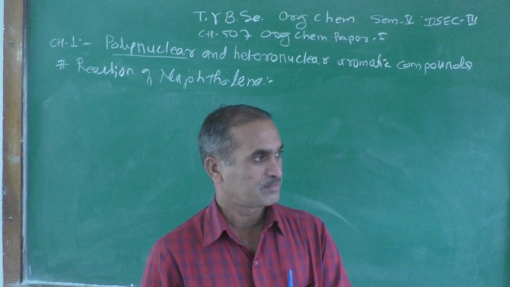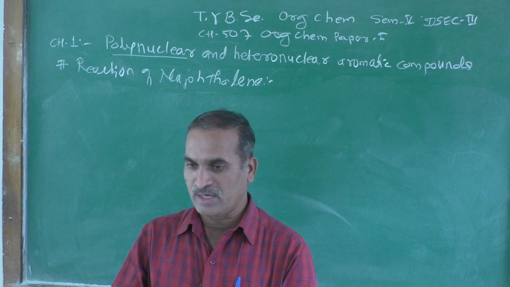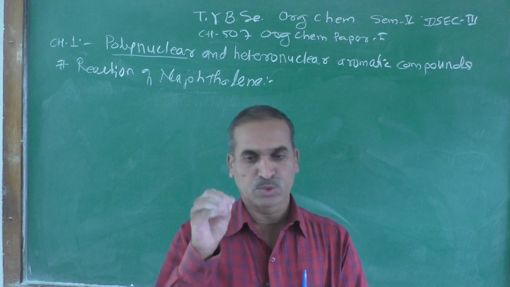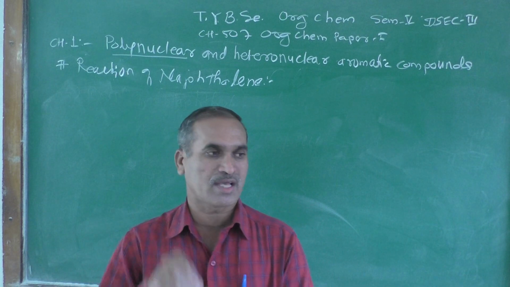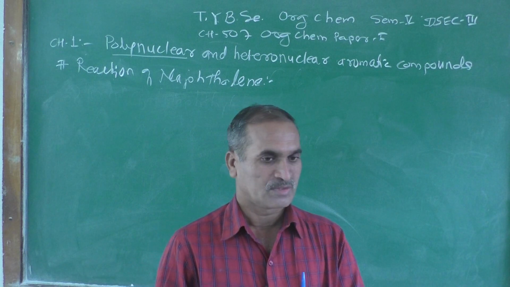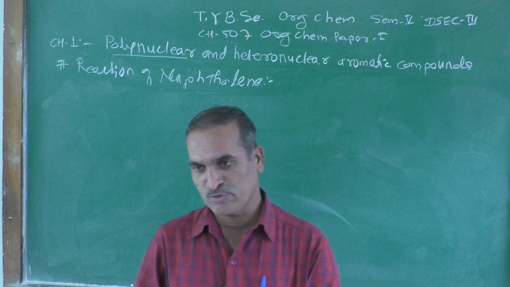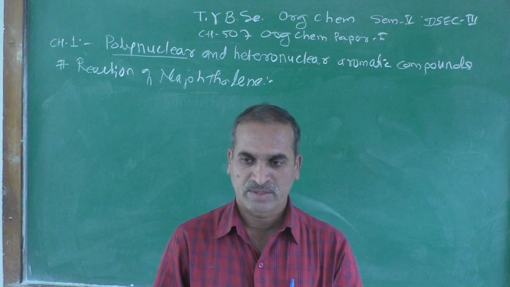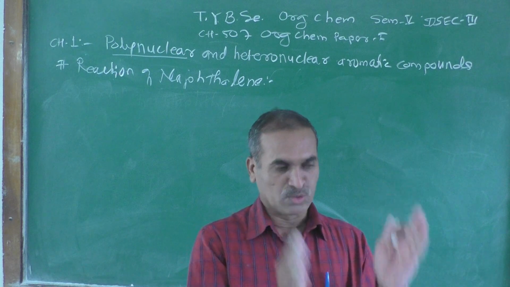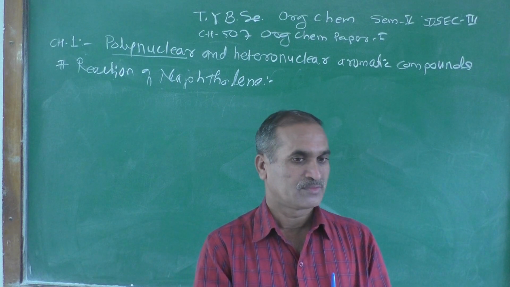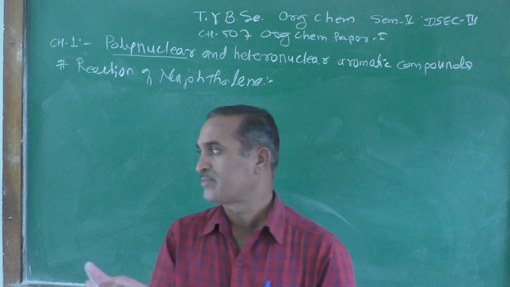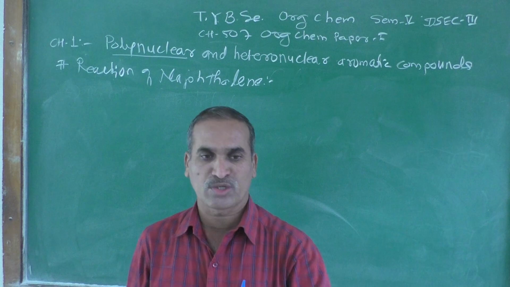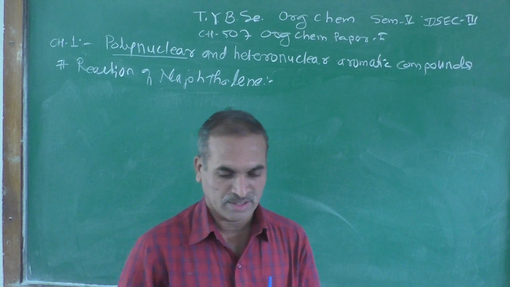And what is the role played by the Lewis acid in this particular case? Due to the presence of the Lewis acid, it generates the electrophile, and once it generates the electrophile, the nucleophile, which is the source of electrons present in the aromatic compound, easily attacks that electrophile and the reaction takes place.